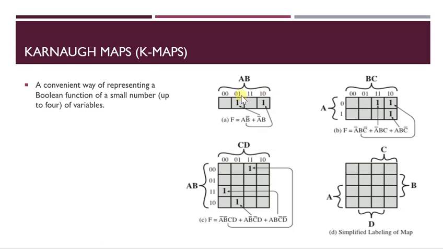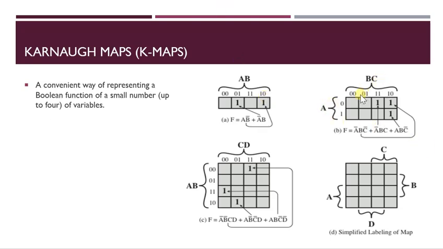So this one is 0 1 followed by 1 1, so the bit changes only from 0 to 1. After that, the last cell is 1 0, so the second bit changes from 1 to 0. So only one bit change is allowed.